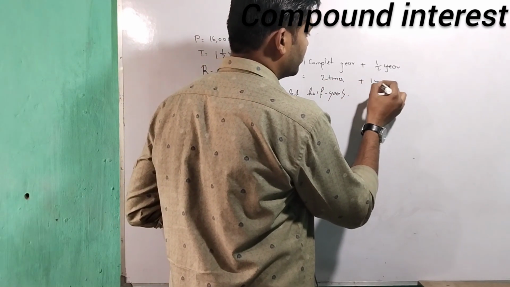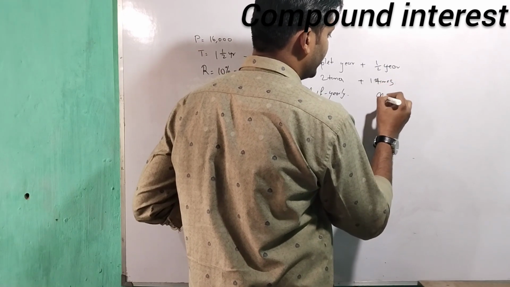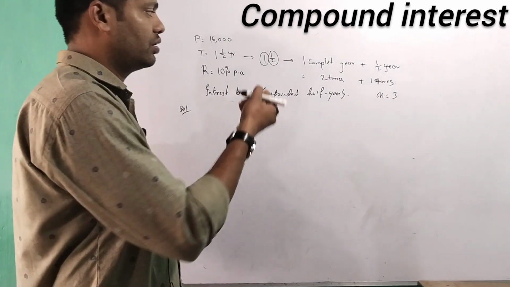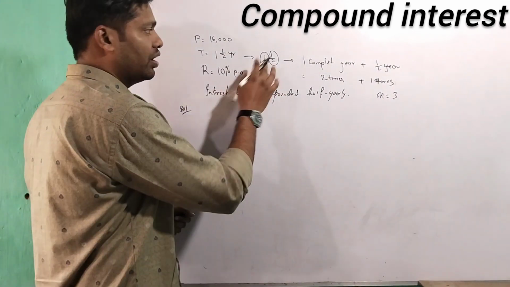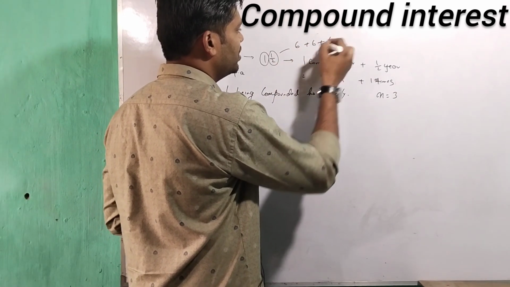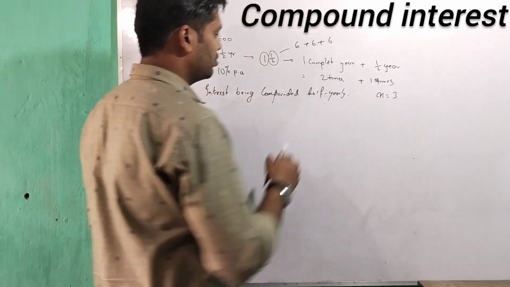Half year means one time. So indirectly we can say n is equal to 3. n means the number of times that half yearly is coming. 1.5 years you can write as 6 months plus 6 months plus 6 months. So 6 months, 1 time, 2 times, 3 times. n is equal to 3.